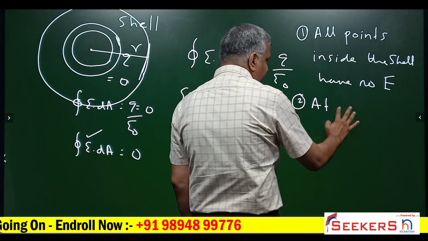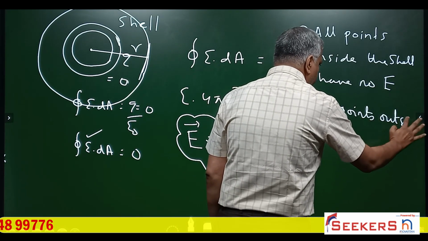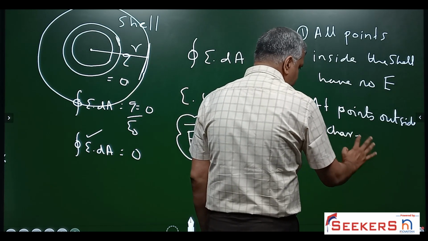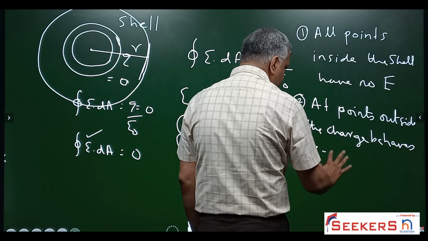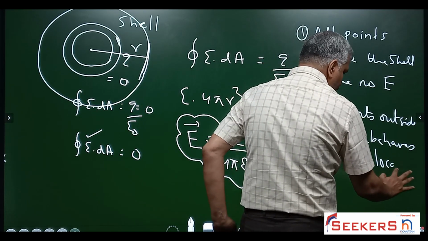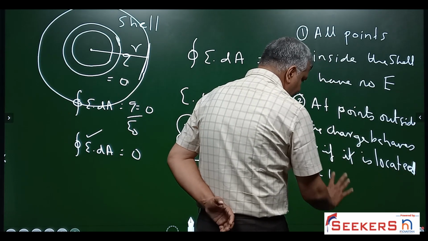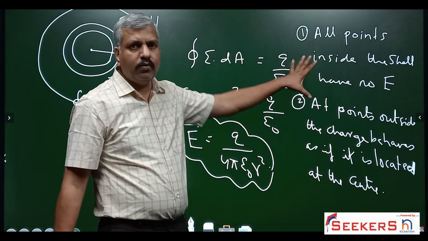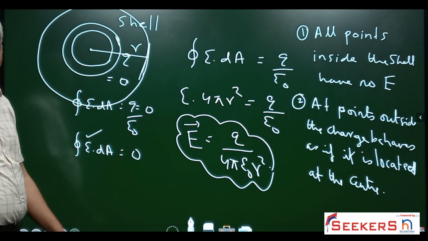At points outside, the charge behaves as if it is located at the center. Okay, so these are what are known as the shell laws. Very important. All these come from Gauss law. Okay, so I hope you are able to understand this.